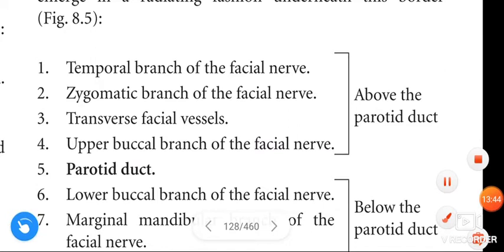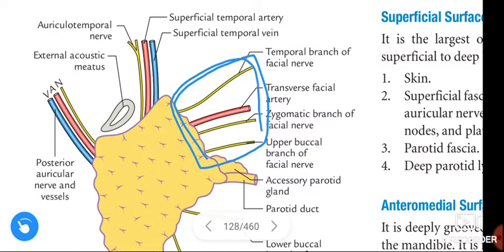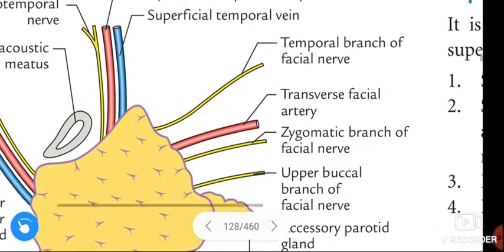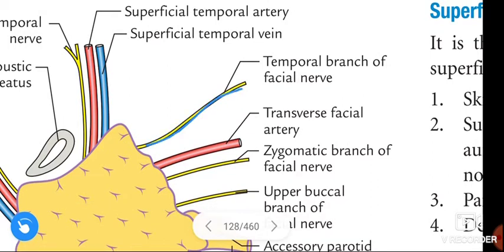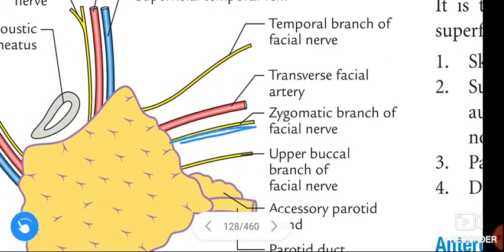This figure shows the relations of the anterior border of the parotid gland. See the structures present above the parotid duct, which are related to the anterior border. This is the anterior border, and this is the parotid duct. This is the temporal branch of the facial nerve, this is the transverse facial vessels, this is the zygomatic branch of the facial nerve, and this is the upper buccal branch of the facial nerve.